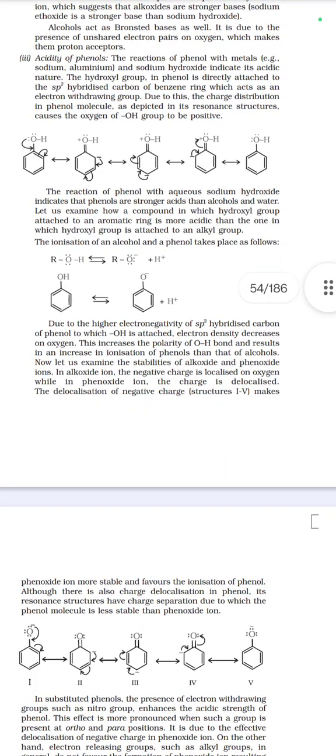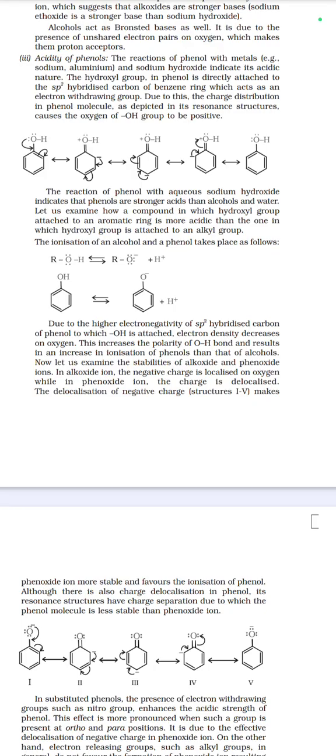Third, acidity of phenol. The reaction of phenol with metals, for example sodium and aluminium, and with sodium hydroxide indicates its acidic nature. The hydroxyl group in phenol is directly attached to the sp2 hybridized carbon of the benzene ring, which acts as an electron withdrawing group.